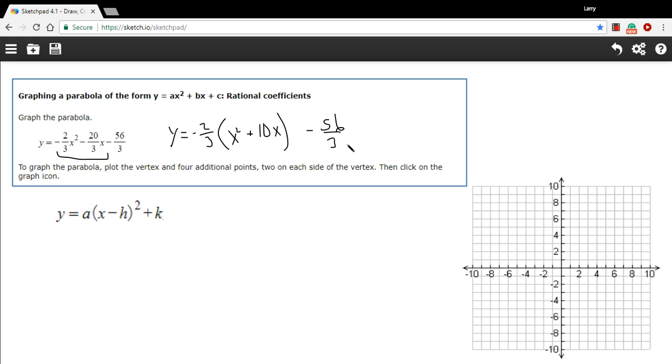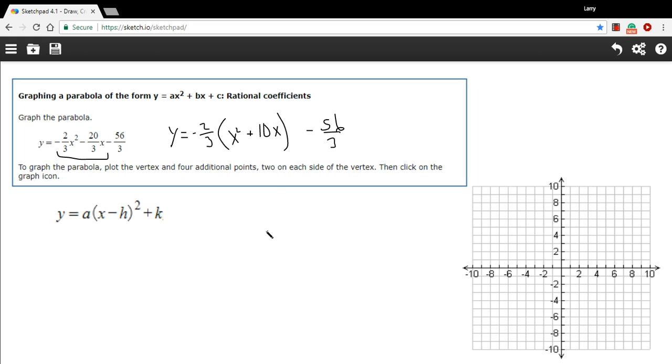The next thing we want to do is complete the square here, because we want to make this square work in this form here. So we need to find this value x plus or minus something that we can square and put in place of this. When we complete the square, we take this x term and divide it by 2. So 10 divided by 2 is 5.